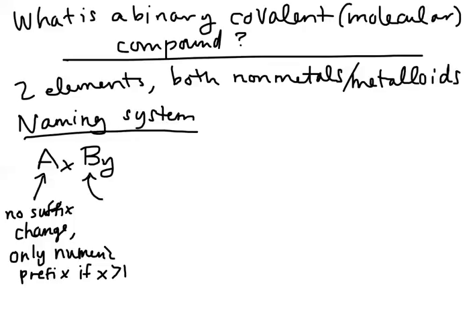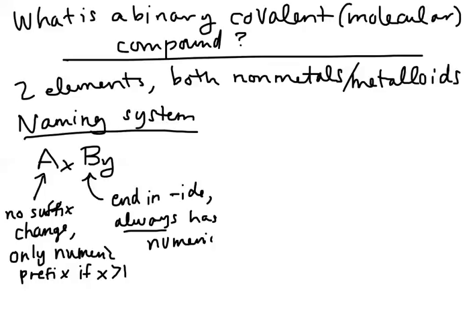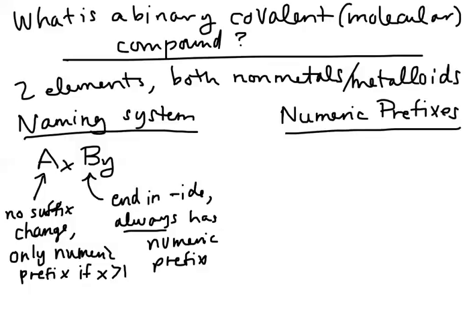B will always end in "ide" and always has a numeric prefix. So you're going to have to know the numeric prefixes.